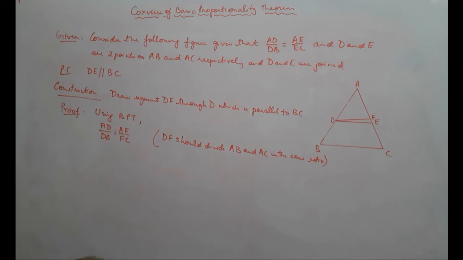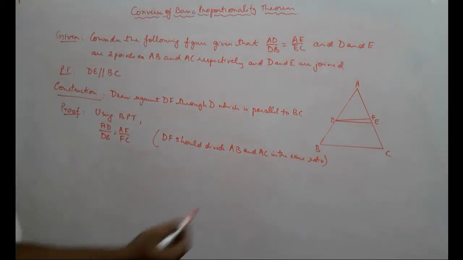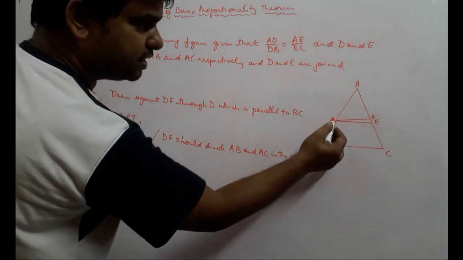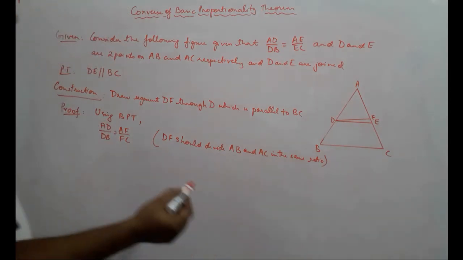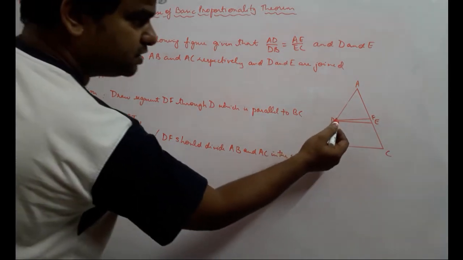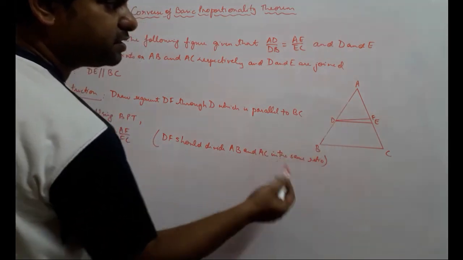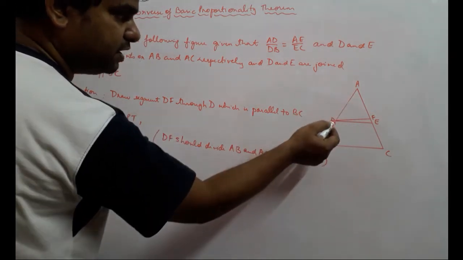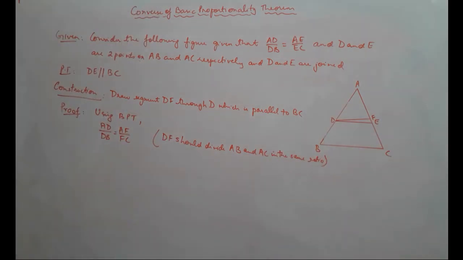We said that DF is parallel to BC, and D and F are two points on AB and AC, so these two points are dividing the sides in the same ratio. So we can say AD upon DB is equal to AF upon FC. Got it?